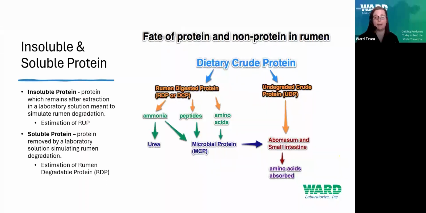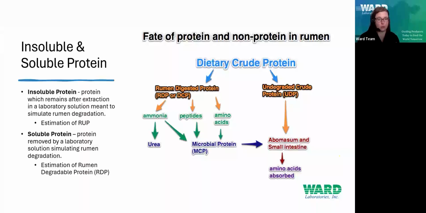And then we've got our peptides and amino acids that get redistributed back into being microbial protein. Both of these together, the rumen degraded protein that comes in as the microbial protein, and the undegraded protein, that's your metabolizable protein that's actually utilized by the animal.